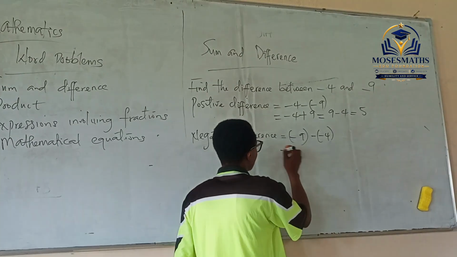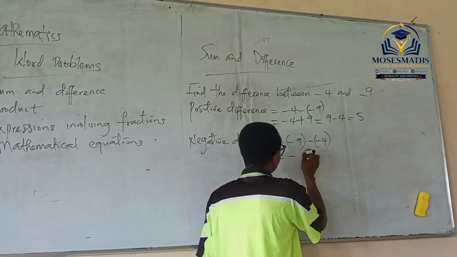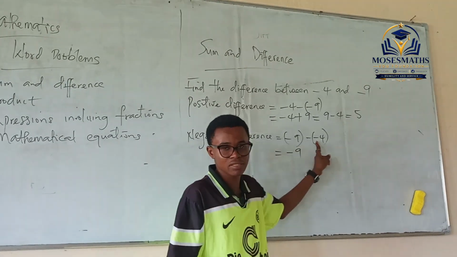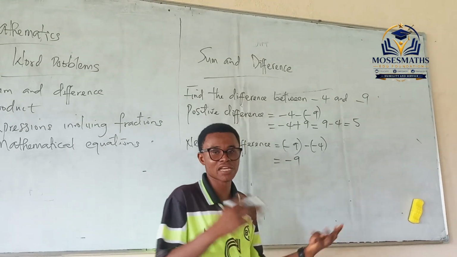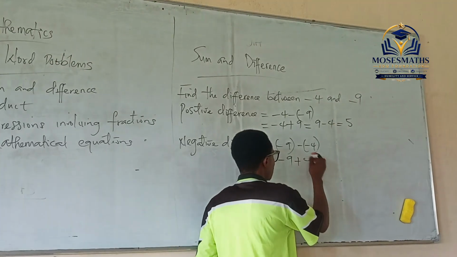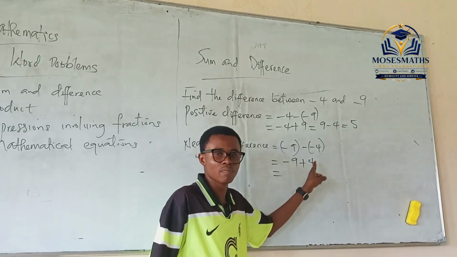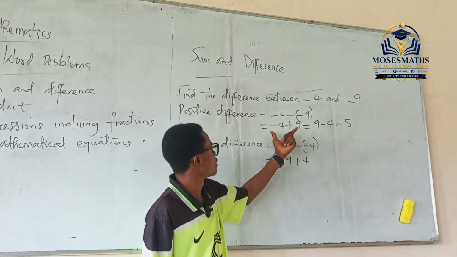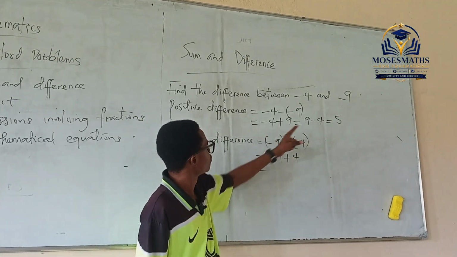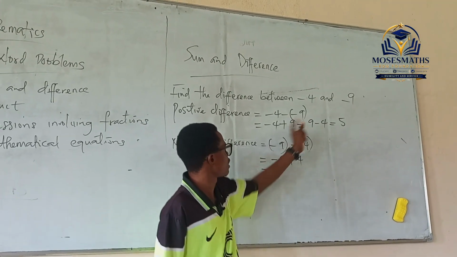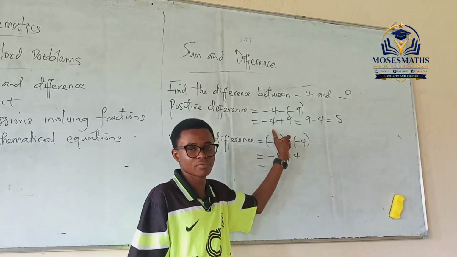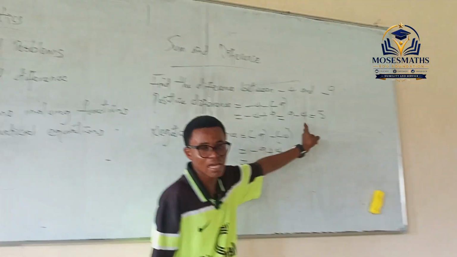So we have equals to minus 9, minus times minus is plus, plus 4, which is equals to minus 9 plus 4. Like I did here. You can see that in this particular one, I rearranged to get 9 minus 4.